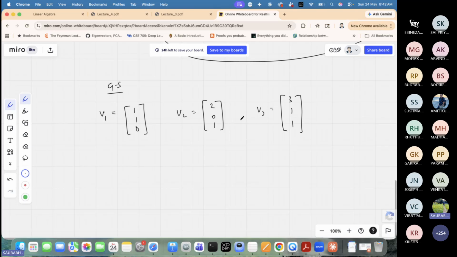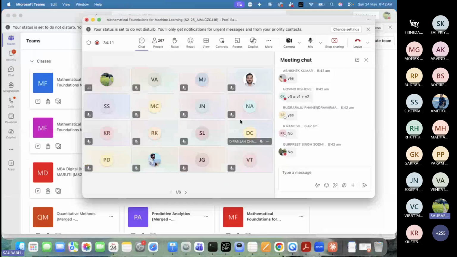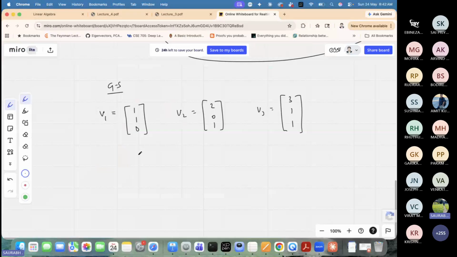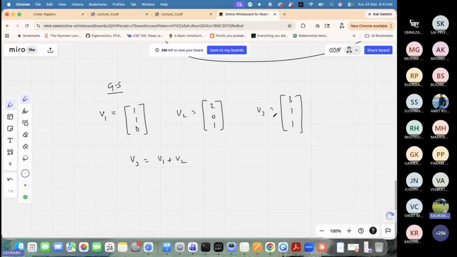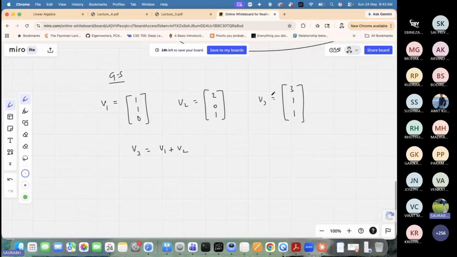No, right? Because V3 is equal to V1 plus V2. Because V3 is equal to V1 plus V2, these are dependent vectors. You can say that V1 and V2 are independent, but V3 is dependent on V1 and V2, and hence the set of vectors are dependent vectors.